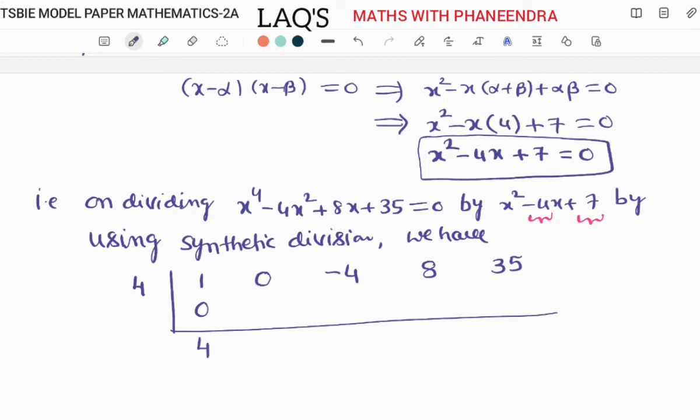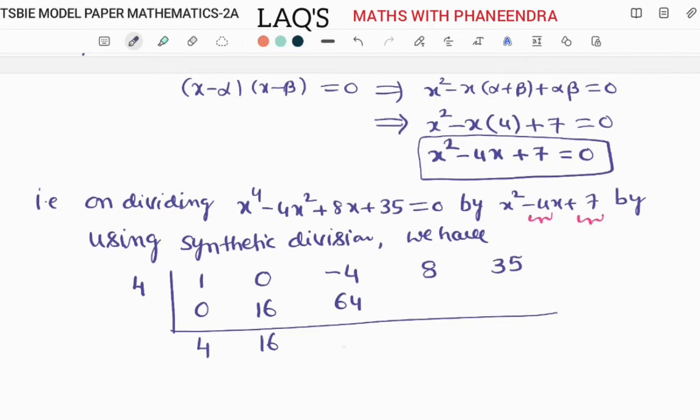Otherwise, if you feel it is difficult, what you can do is simultaneously we can do that. Yeah, now we will finish it. 4 into 4 is 16, adding these two, 16 plus 4 is 64.